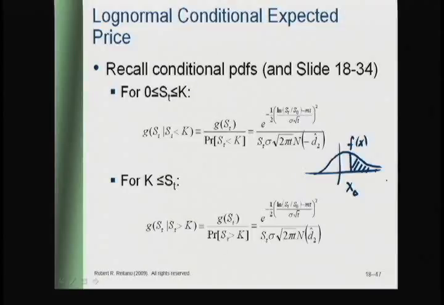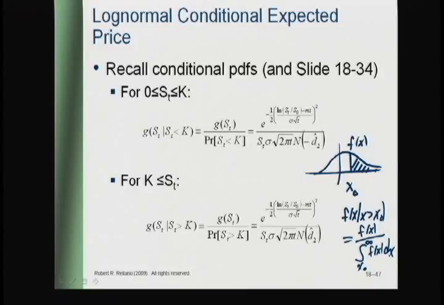So what I have to do is divide f of x, so the conditional is going to be f of x divided by the integral of f of x from x0 to infinity. If I don't scale the original probability function, it won't have the right probability on the interval I'm looking at. And that's all we're doing here.